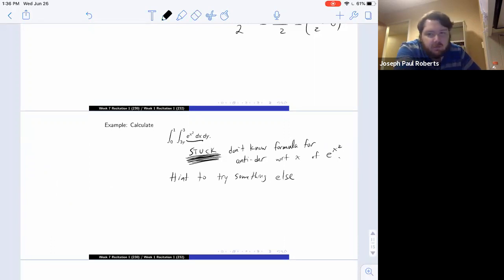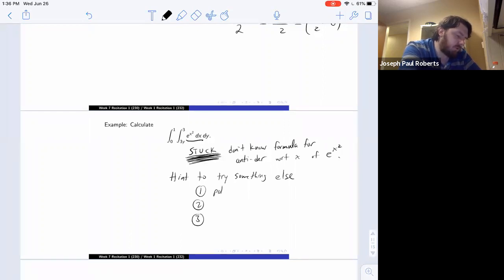Really the only things, as far as this course goes, that we could try, I guess there's maybe three things. First of all, polar coordinates, that's from section 15.3.